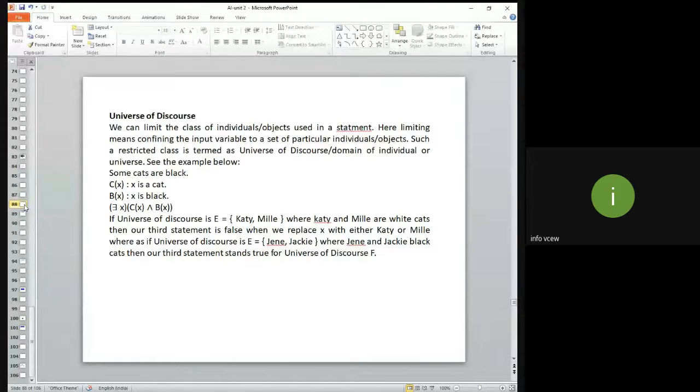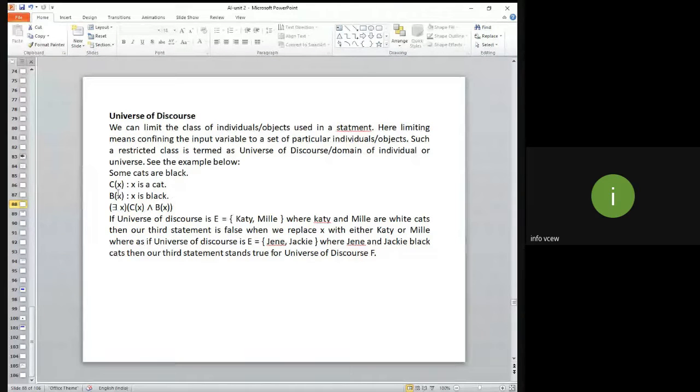Next is the universe of discourse. For example, C of x. Before going to the definition, you can see the example, then you can read the definition. C of x is equal to x is a cat.